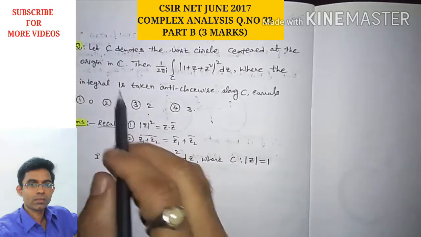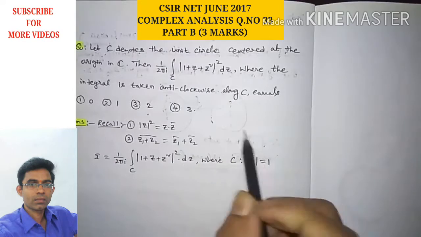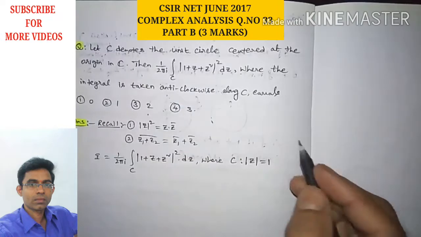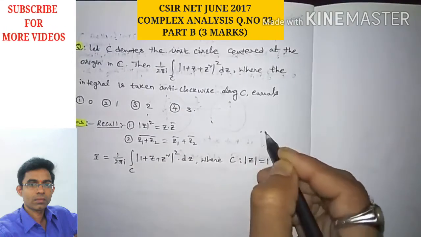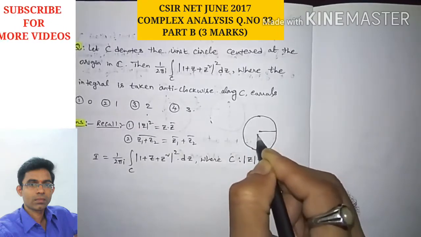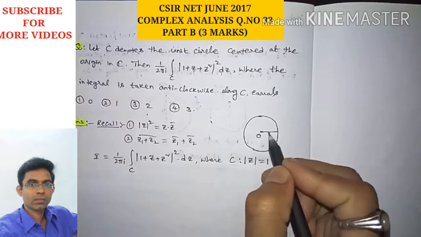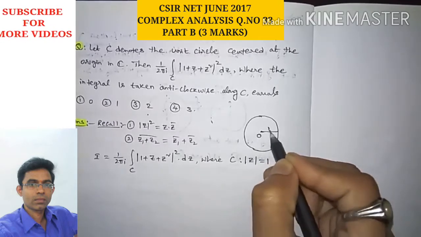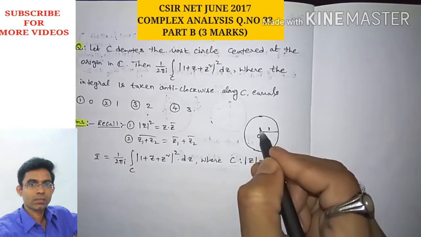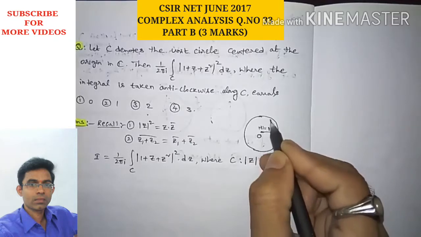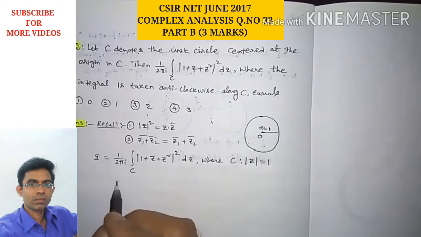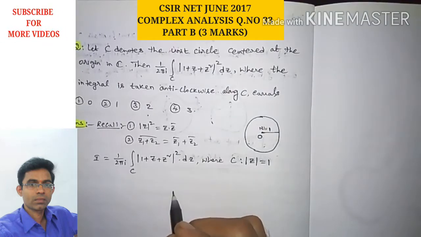Center at the origin means modulus of z minus 0 is equal to 1, and the radius is 1 because it is a unit circle. So mod z is equal to 1 represents a unit circle with center at the origin and radius 1. Now we have to find this integration value.